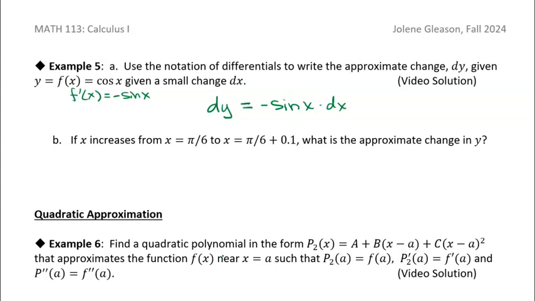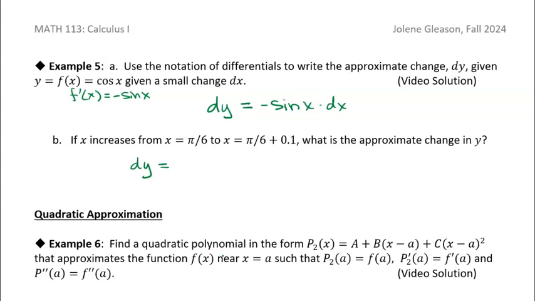So now if we use this, we can find a small change in y if we're given the change in x, right? We're saying if x increases from pi over 6 to pi over 6 plus a little bit, 0.1, then what is the approximate change in y? So we'll use this differential, and we can just use x as pi over 6.